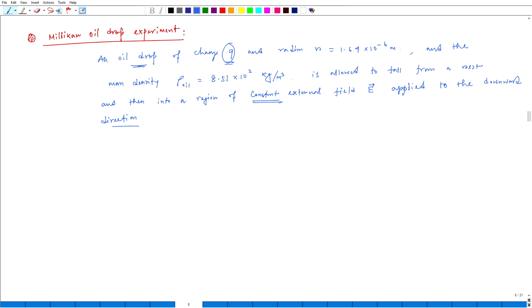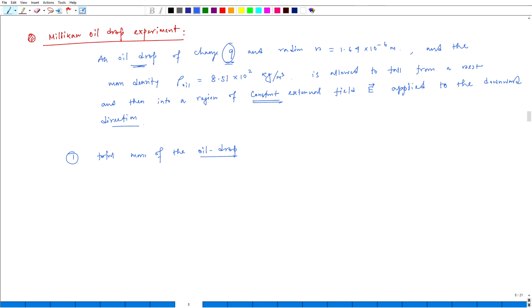Let us first consider the mass of the oil drop.